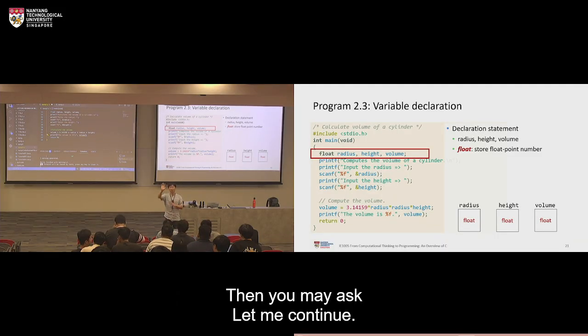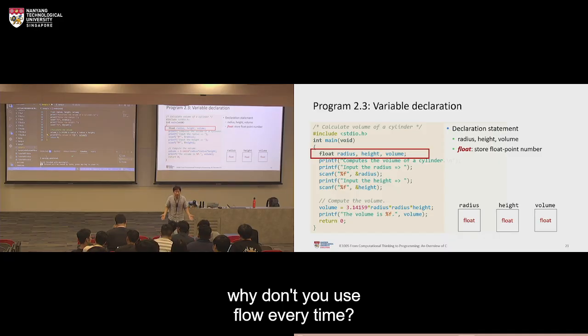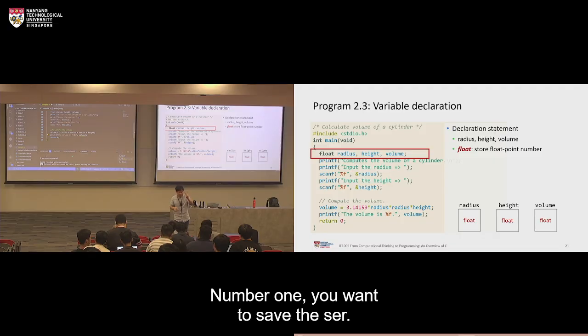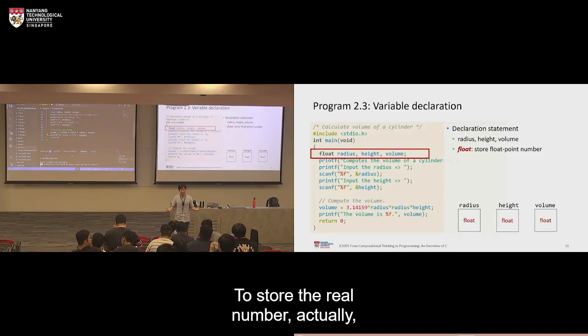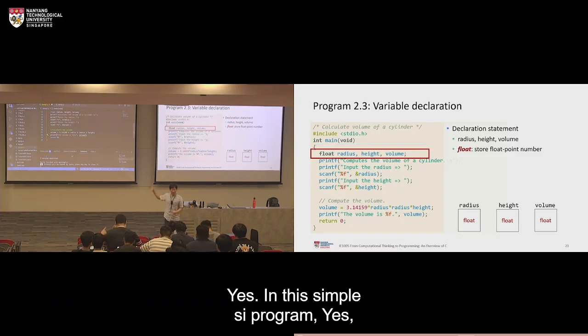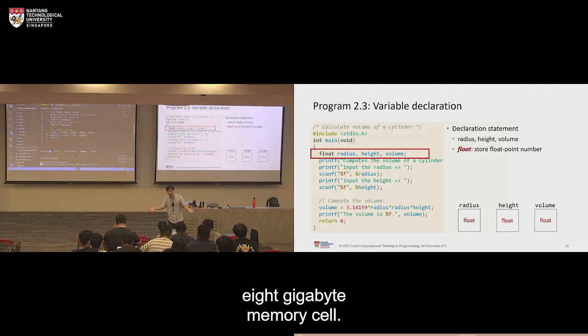Then you may ask, why don't you use float every time? There are two reasons. Number one, you want to save the resource. To store the real number, you have to allocate a much larger memory cell. Yes, in this very short program, your computer already has 4 gigabyte, 8 gigabyte memory.